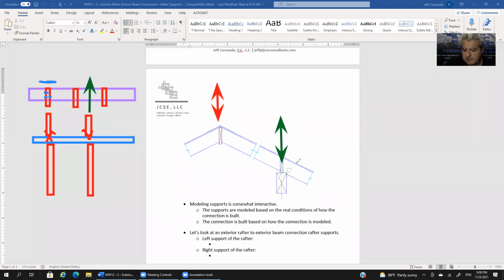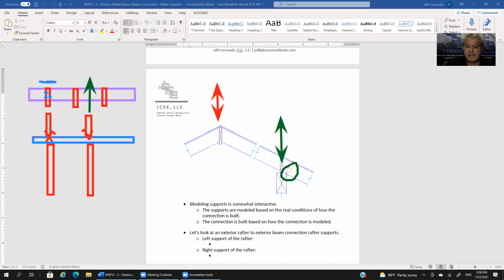I don't know to what extent you can see this connector here, but that connector is what's critical. That is what is being added in this connection above and beyond the toenails, which would be pretty standard for a framer to place on the rafter to beam connection. We've got this clip.